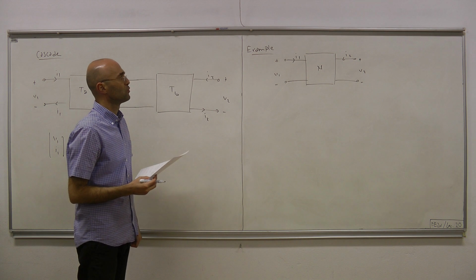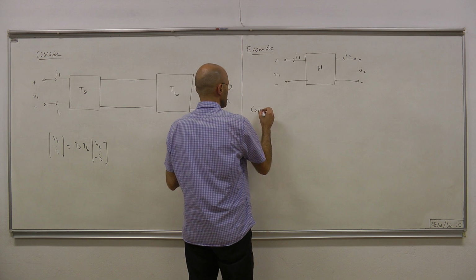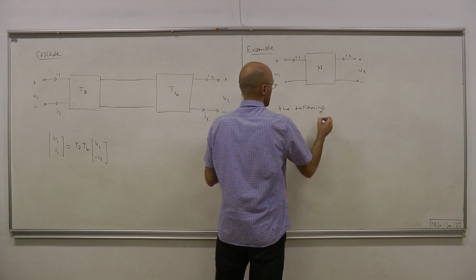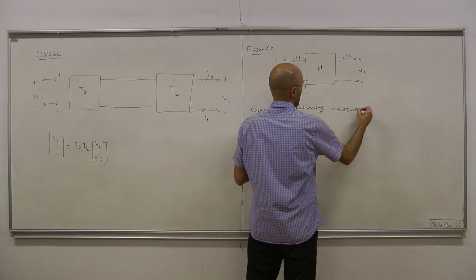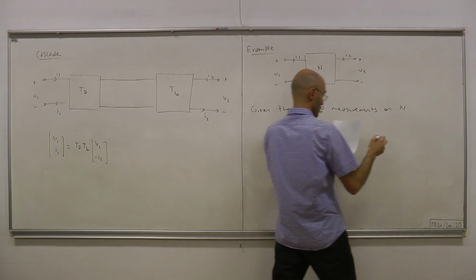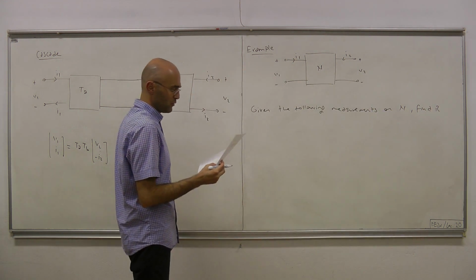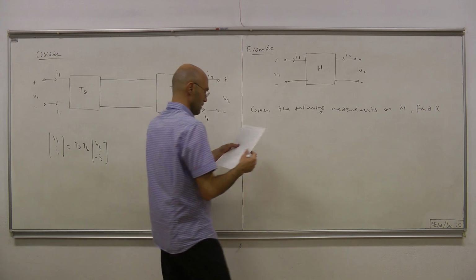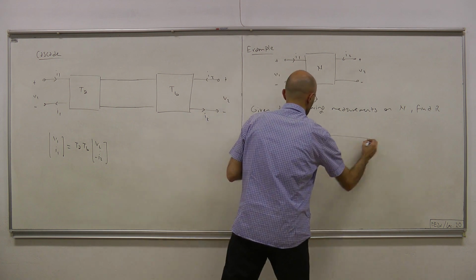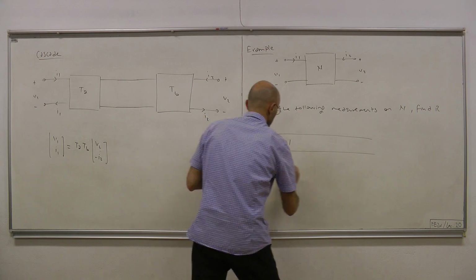And for this two-port, you're allowed to make two sets of measurements. Given the following measurements on N, find the resistance matrix. The measurements that you make are as follows: experiment 1, and then experiment 2.